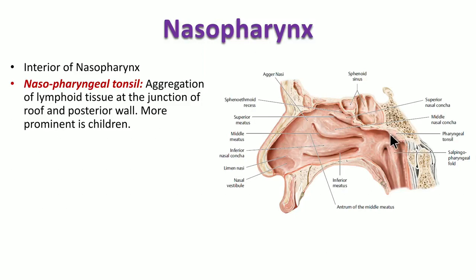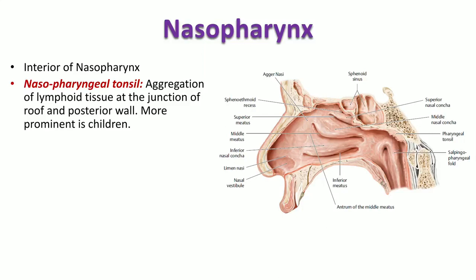This is not very prominent in adults, so that is why in this picture you don't see it very conspicuously. But in children, it is very conspicuous, and when it is enlarged or inflamed, it is called the adenoids. I will come to that in the clinical aspects.